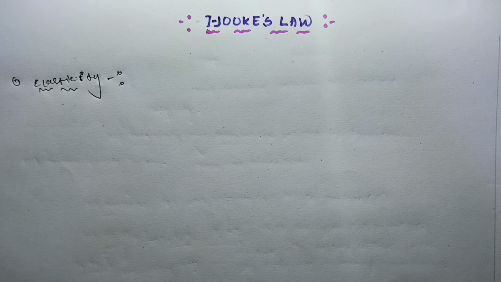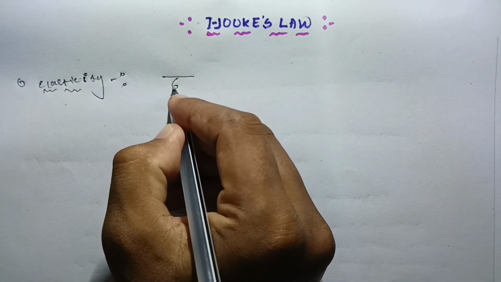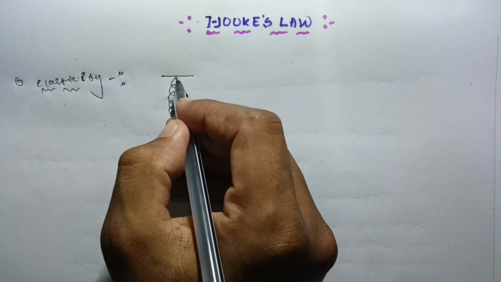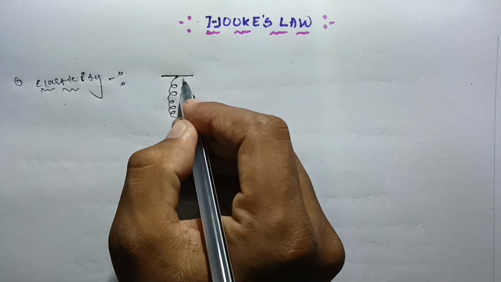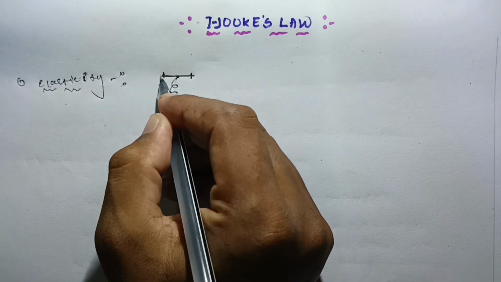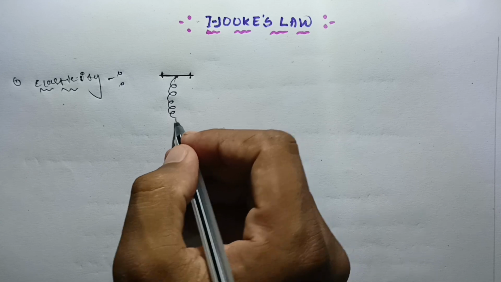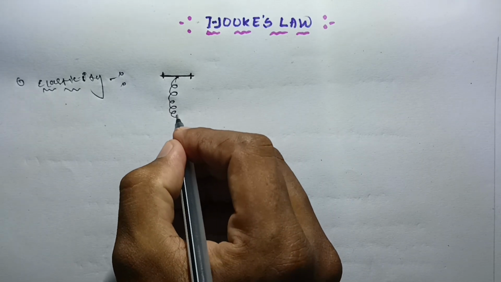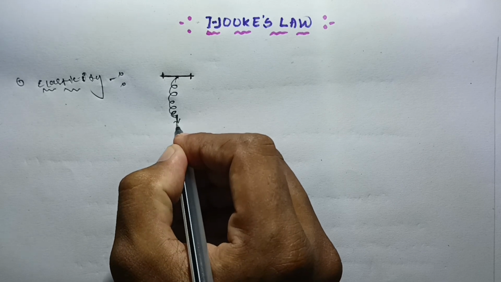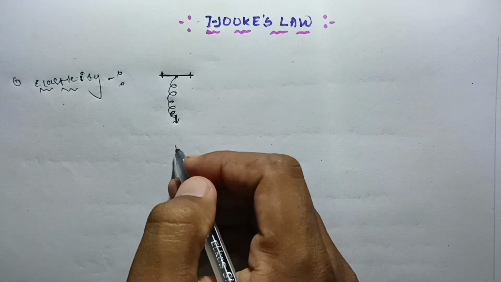Imagine there is a spring and one part is fixed at this line, right? If we apply a force or pull one side of the spring, it will extend, right?